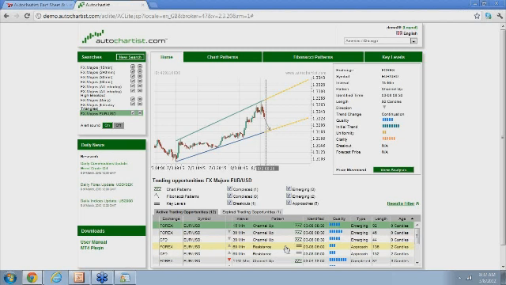So if conditions are there where alerts are going to go off at the same time, then Autochartist will pick that up and it's going to put it in the box. It is possible that you can have a chart pattern such as a channel up as well as a key level resistance come in at the same time, because they're independently searched.